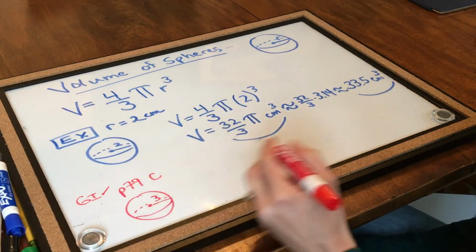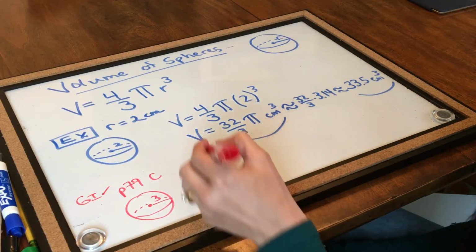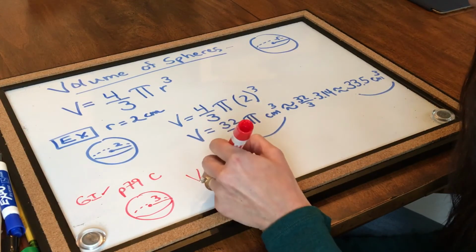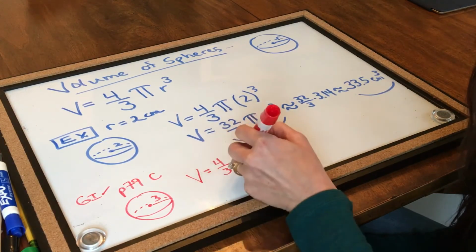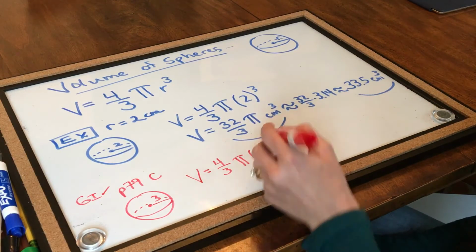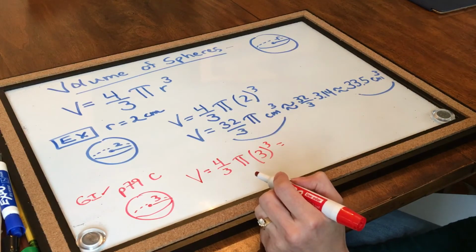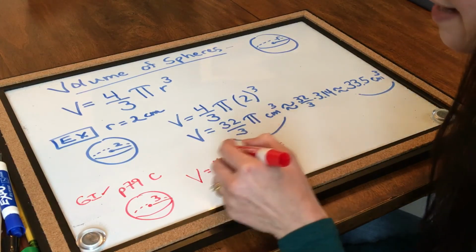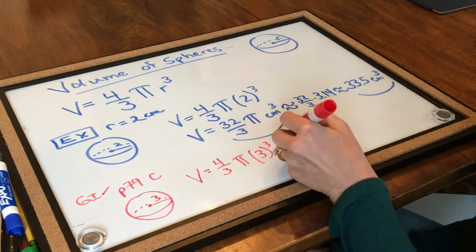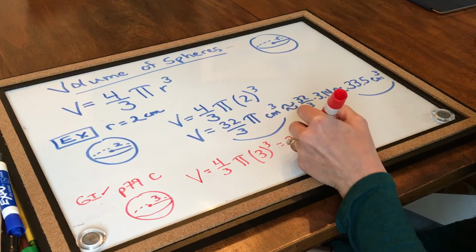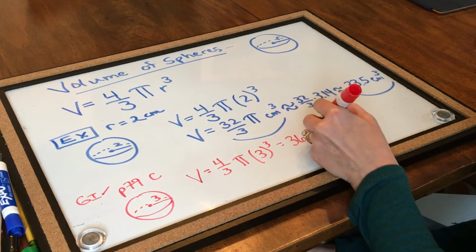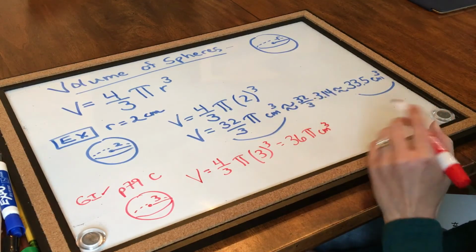All right, let's plug this into our volume formula. Our volume formula was 4/3 pi times 3 cubed. 3 cubed is 27, and times 4/3, that would be 36. So I now have 36 pi, and I think our units were centimeters, so we'll use centimeters cubed.